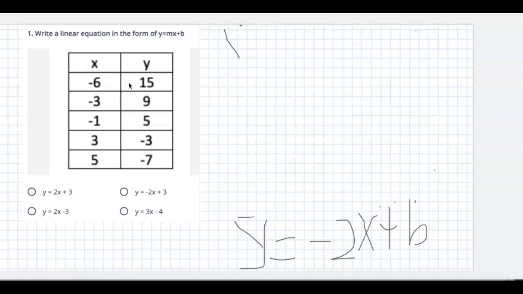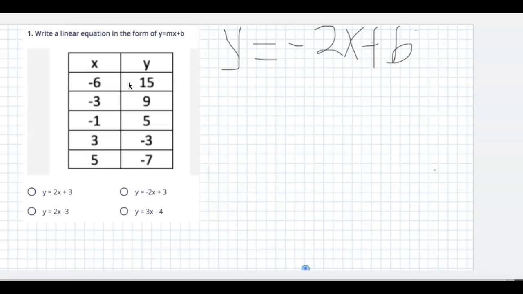So I'm going to rewrite y equals negative 2x plus b. And then we're going to do substitution. So y here, y is 15 equals negative 2, and then we substitute for x.